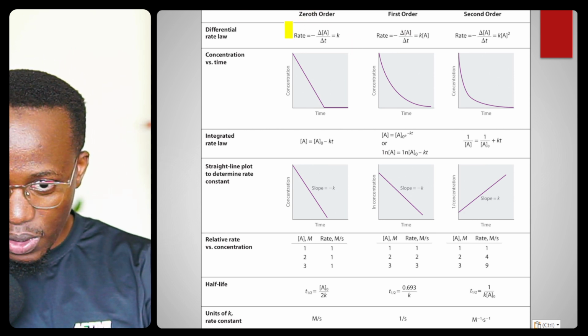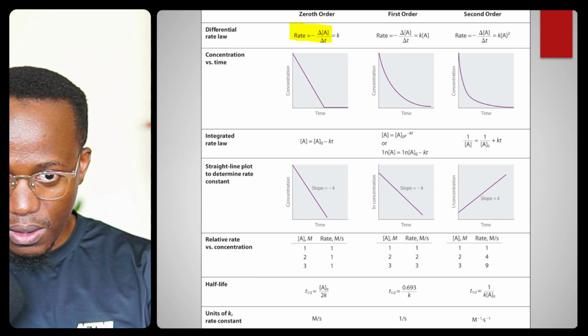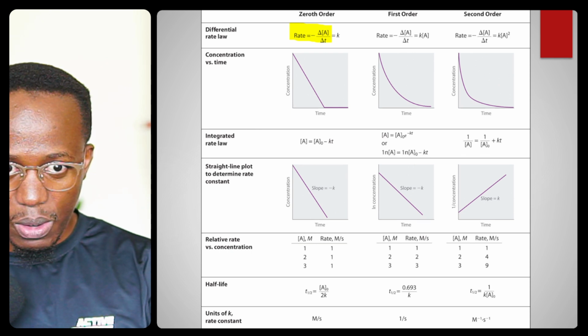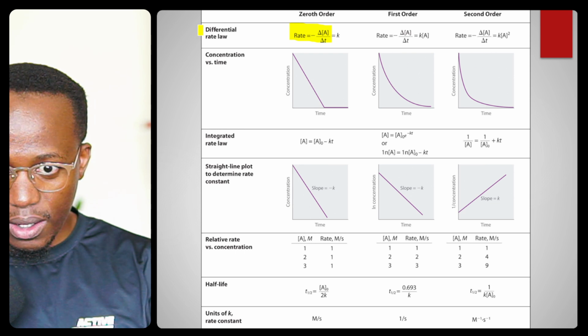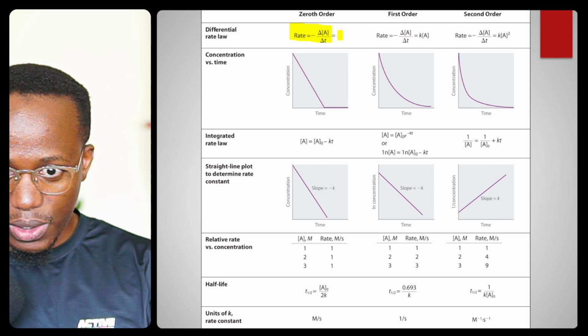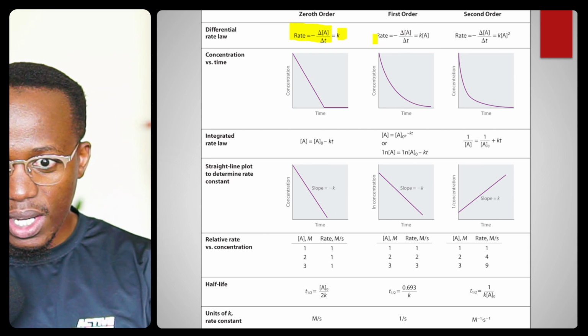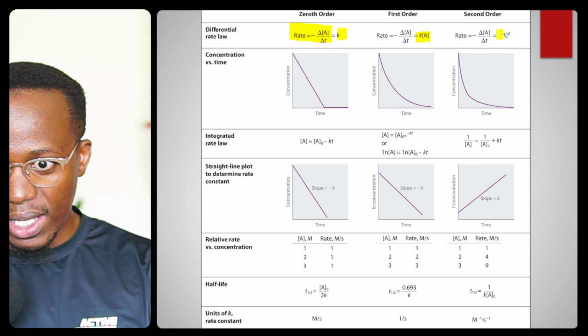For the zero order, we know that the rate is equal to the disappearance of A over change in time. But we've already seen that in a zero order, it's going to be equal to k, because it's [A] to the 0. In a first order, it's going to be equal to k[A], and then in a second order, it's going to be equal to k[A] squared.